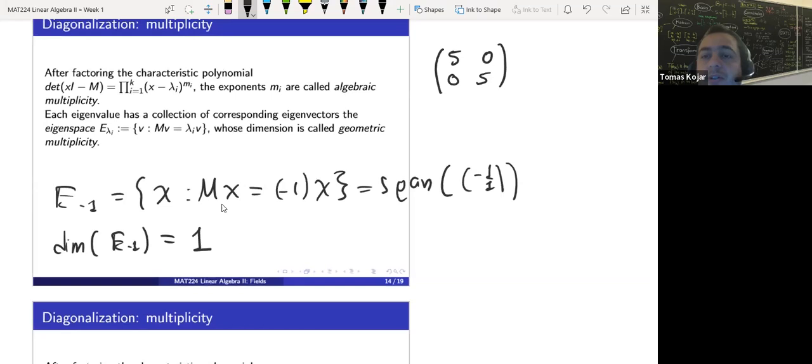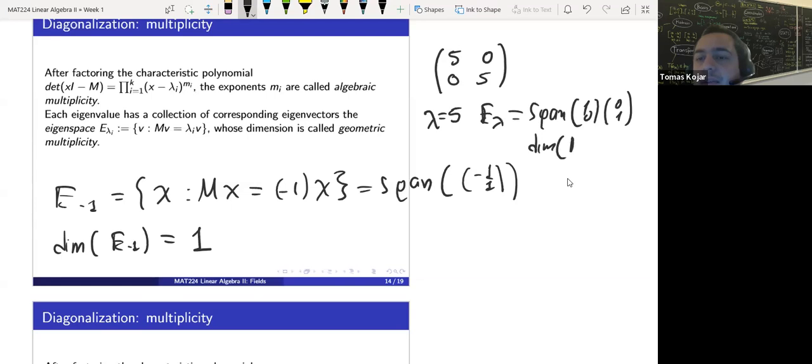Can somebody tell me what the eigenvalue and the eigenvector space E lambda are here? This is the span of two vectors, so the dimension of E5 is 2.